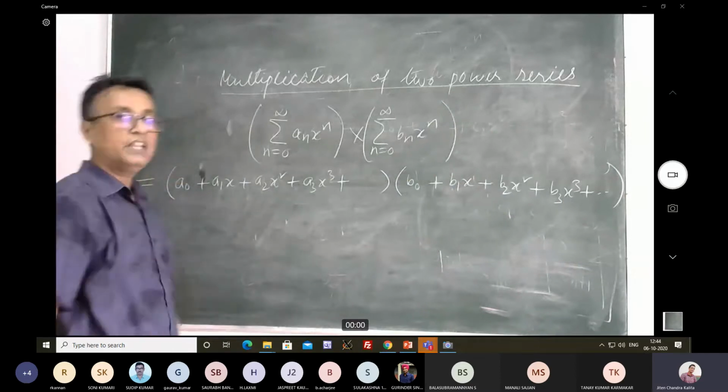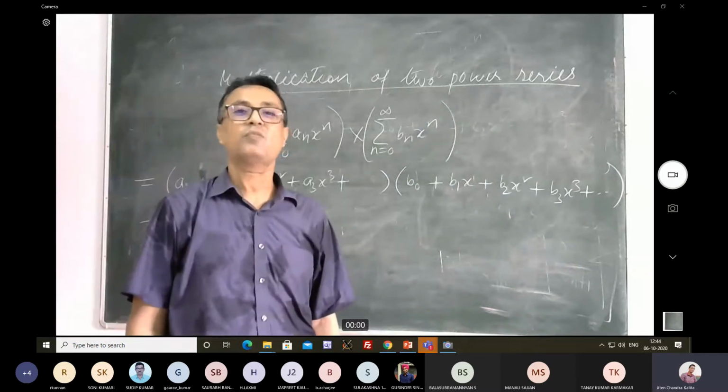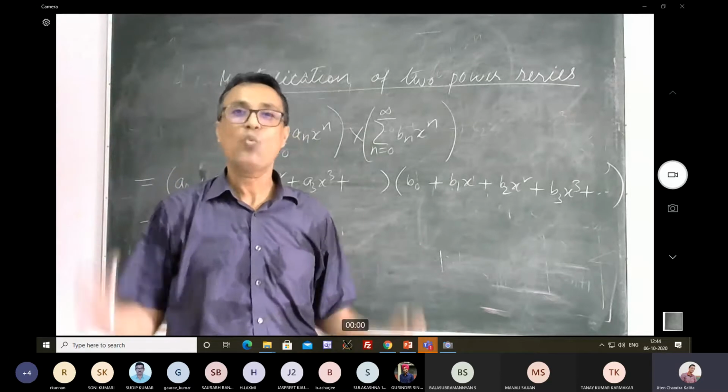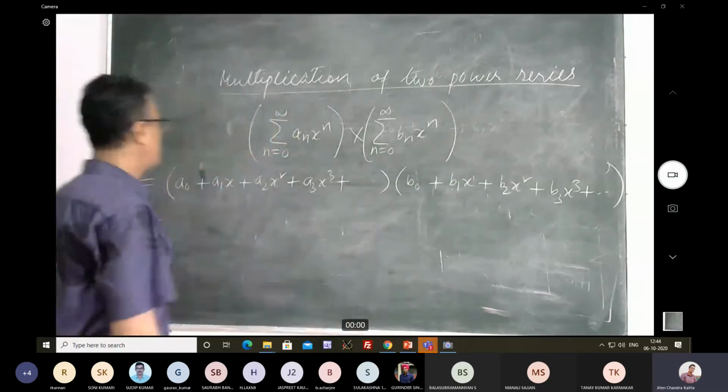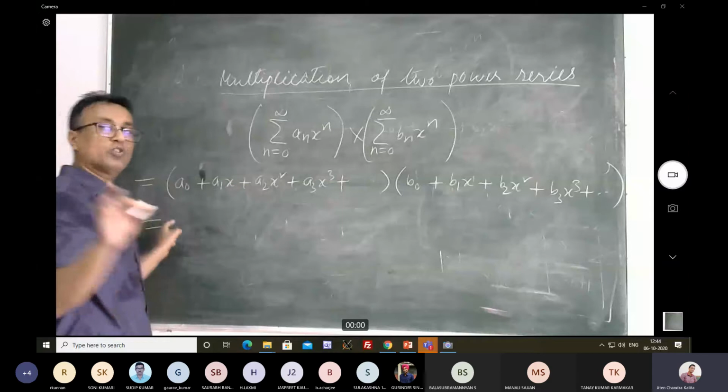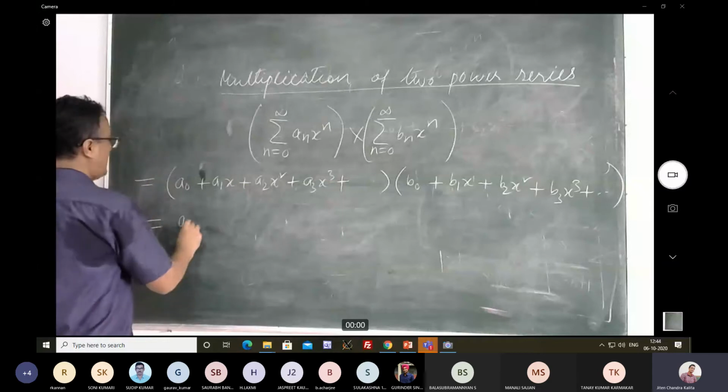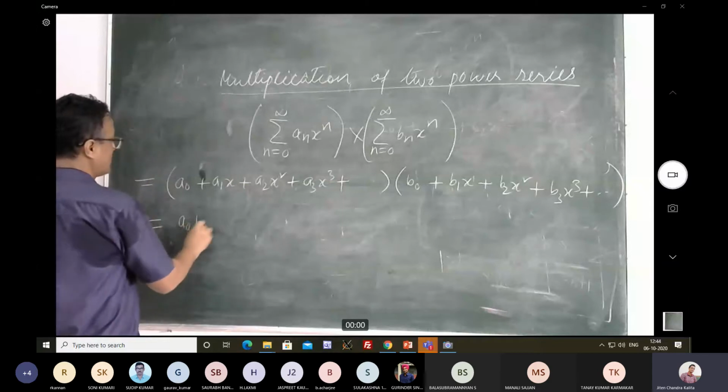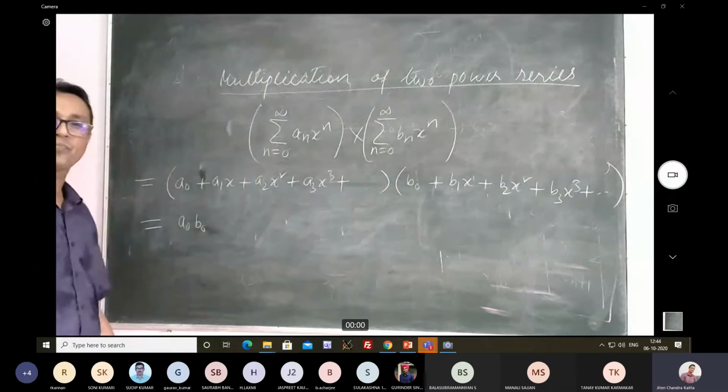Now let us bring similar powers of x under one umbrella. The very first thing, for x to the power 0, I simply have a0 b0.